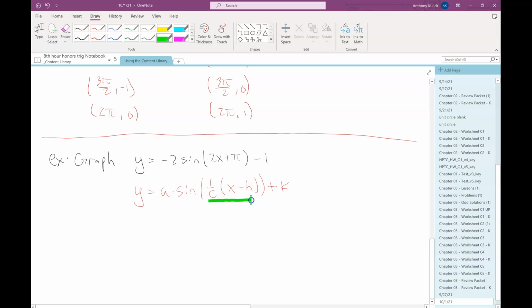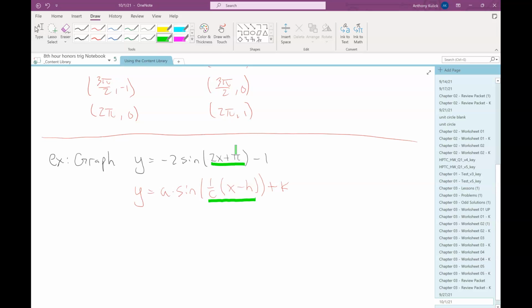The one thing I have to be careful about is this part inside the sine. Notice that in the red, the leading coefficient on x is 1. On the part in black, the leading coefficient on the x is 2.